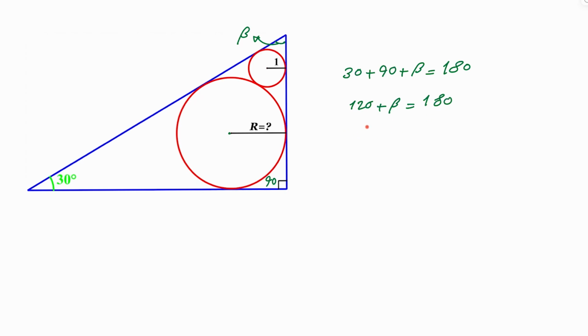If we subtract 120 from both sides we'll get beta is equal to 60 degrees. So this angle is 60.